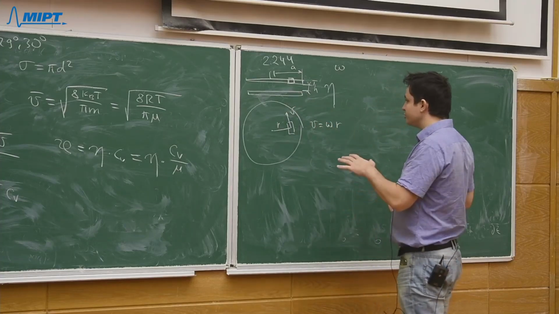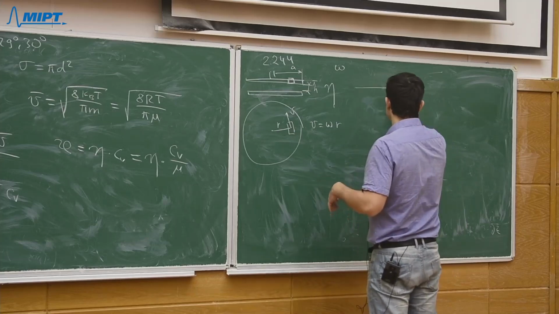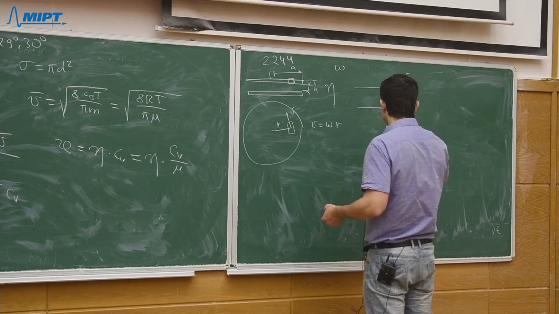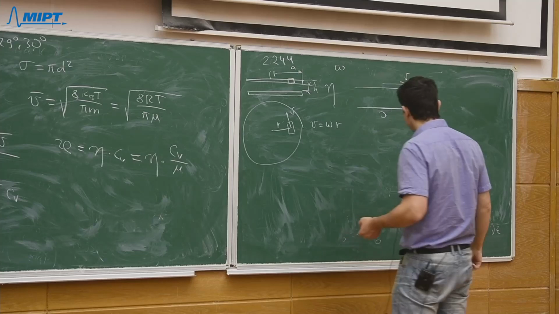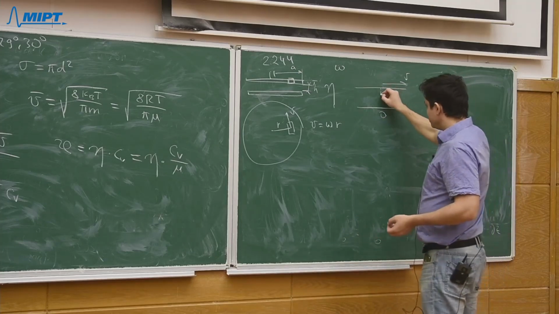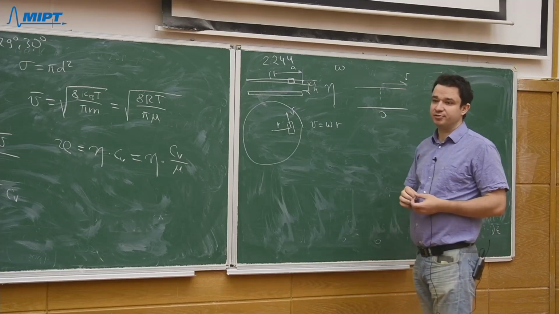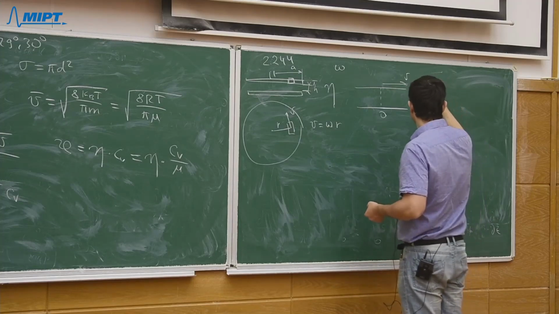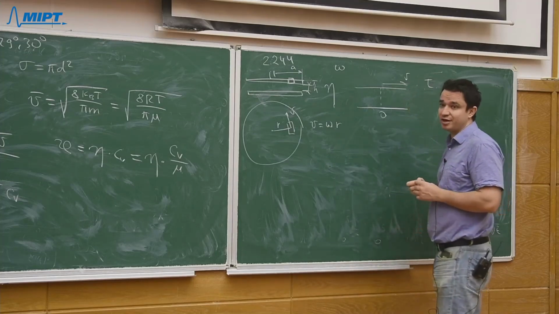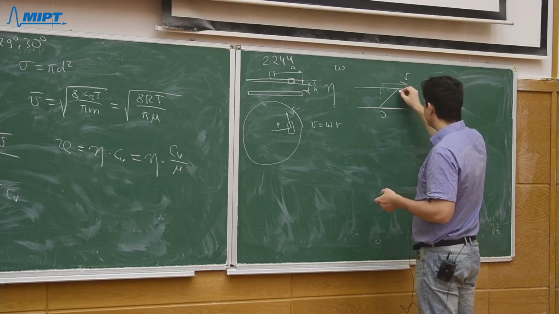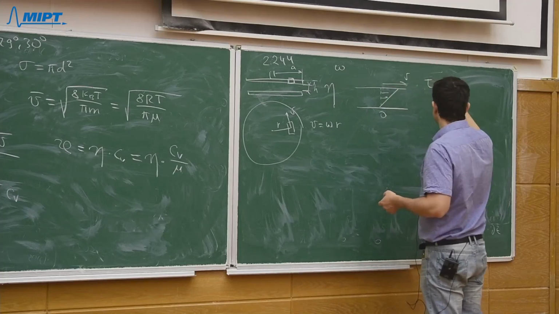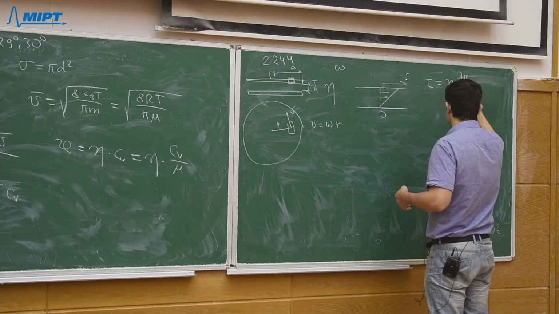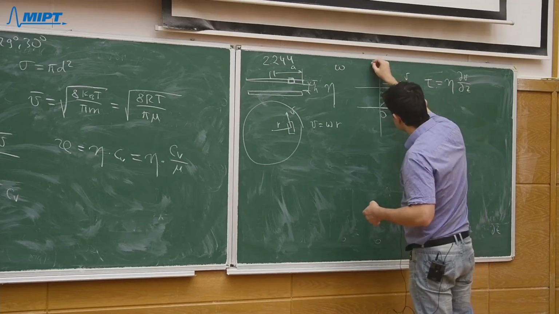And we can reduce this problem to a problem of 2 planar surfaces, one of which moves at the velocity v, while the other one is at rest, is stationary. And looking back to the problems related to viscosity of liquids, we might know that in this motion there is some shear stress induced inside the gas, and this shear stress is equal to the viscosity coefficient multiplied by dv over dz, where z is this axis.